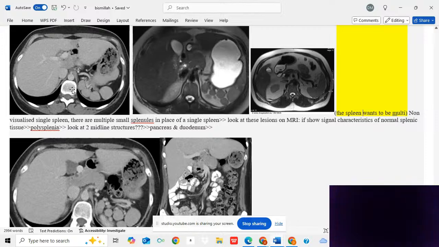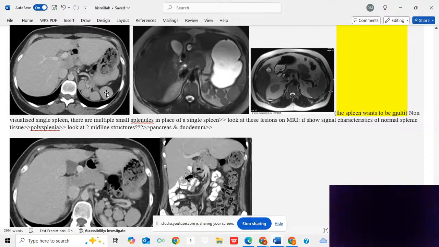So we checked the spleen here. We couldn't find any single splenic tissue. Instead, we found multiple small spleenules in place of a single splenic tissue. So what to do?